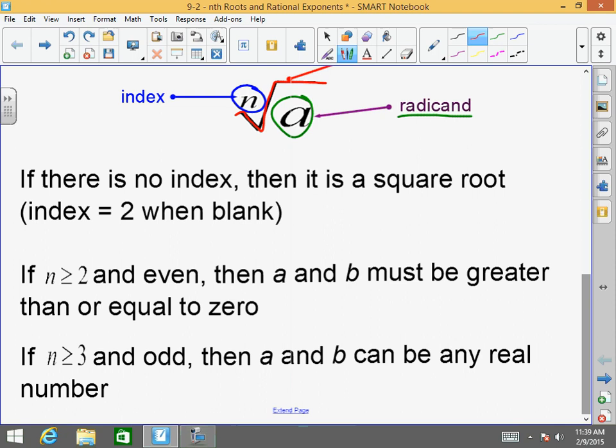Okay, those are not real numbers. If the index n is greater than or equal to 3 and odd, then a and b can be any real number, period. You can have negative radicands inside of odd roots.